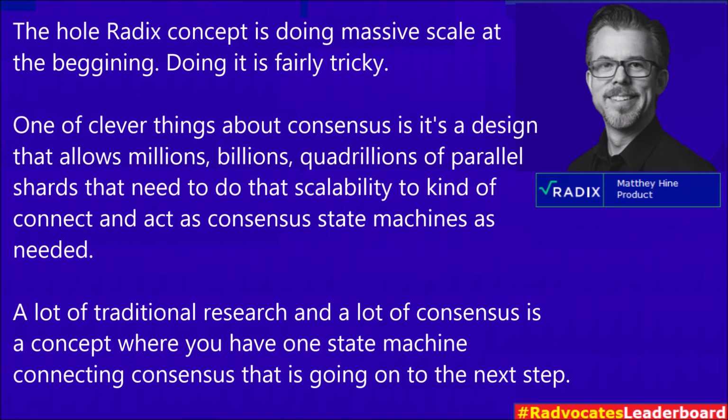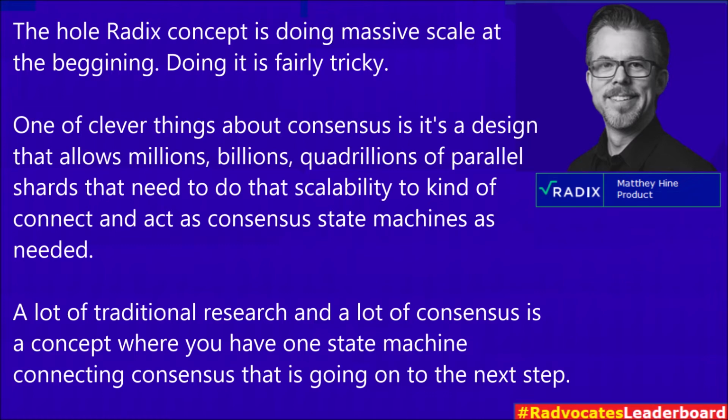Doing that is fairly tricky. One of the clever things about Cerberus is it's a design that allows the millions, billions, quadrillions of parallel shards that you need for that scalability to connect and act as consensus state machines as needed.